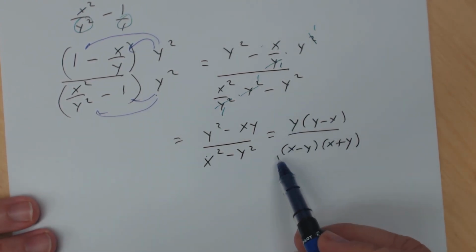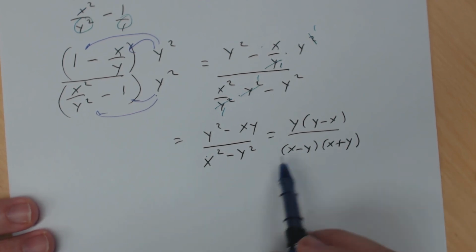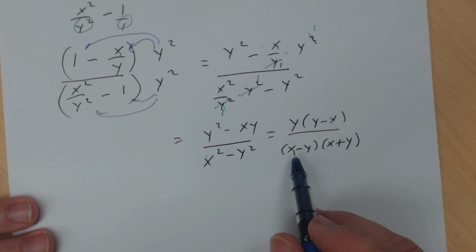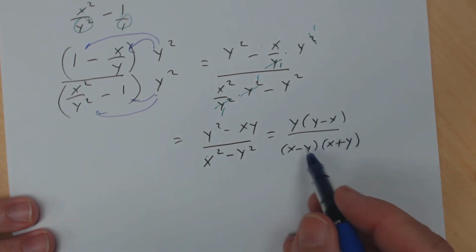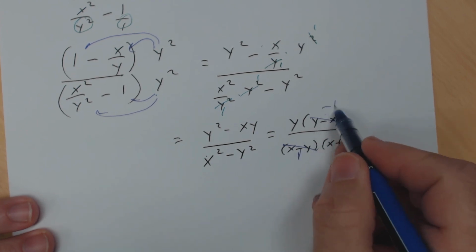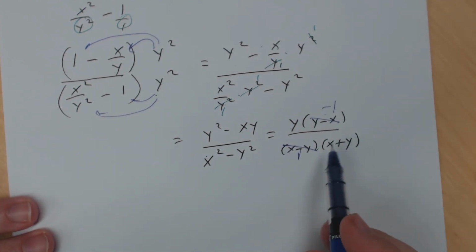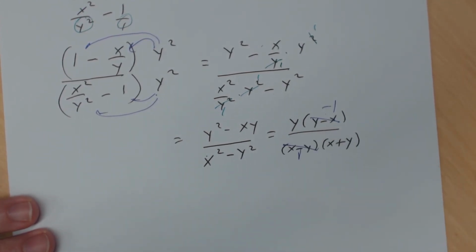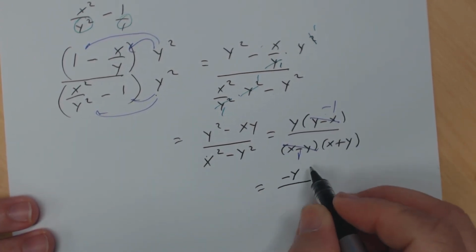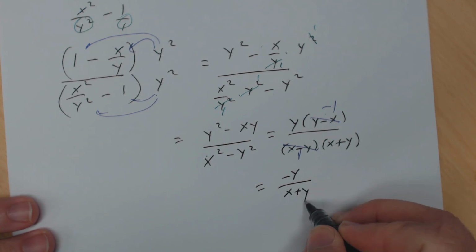This factor y, there's no factor y down there. This y minus x, I don't see a y minus x down here, but I see its opposite. These are opposite right here. So when I reduce those, that's a 1, that's a negative 1. And so I get negative y times 1, which is negative y, divided by x plus y.